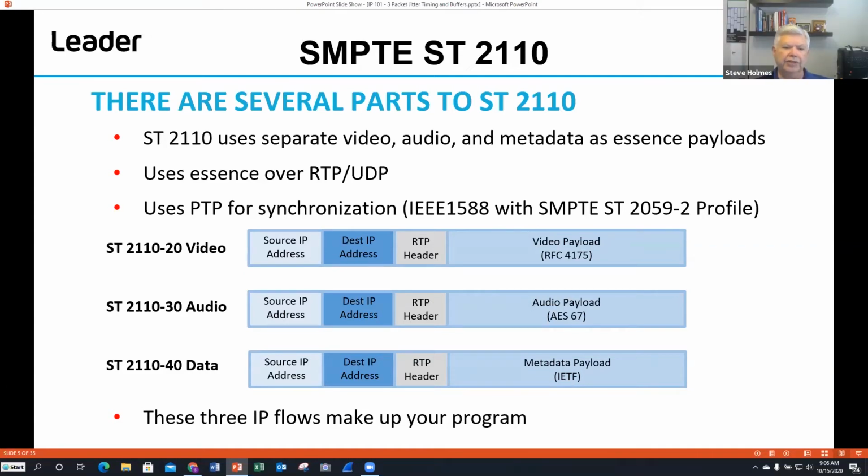And then we have 2110-40, that is our metadata. So that's going to be things like time code, captions, AFD, all of this stuff that we normally used to put in the vertical interval. Each one of those will be an individual payload or an individual IP stream. So these 3 IP flows are going to make up our program.